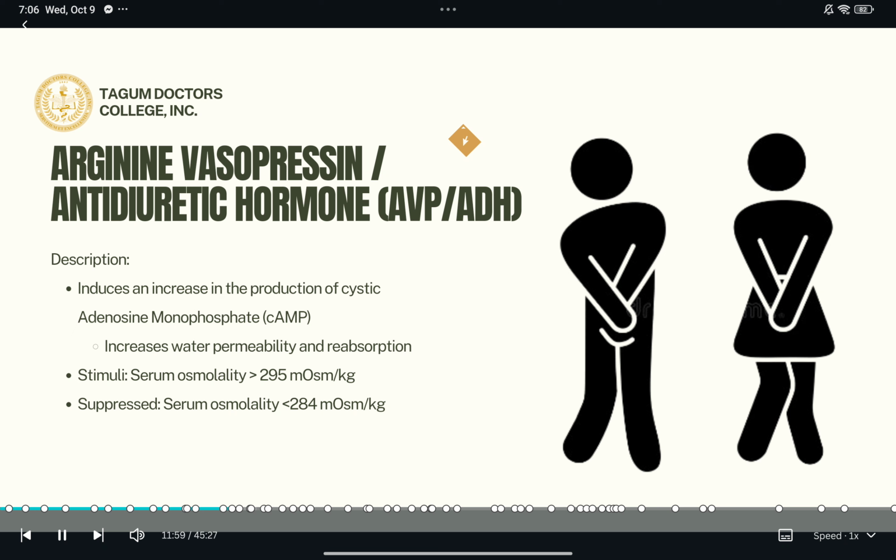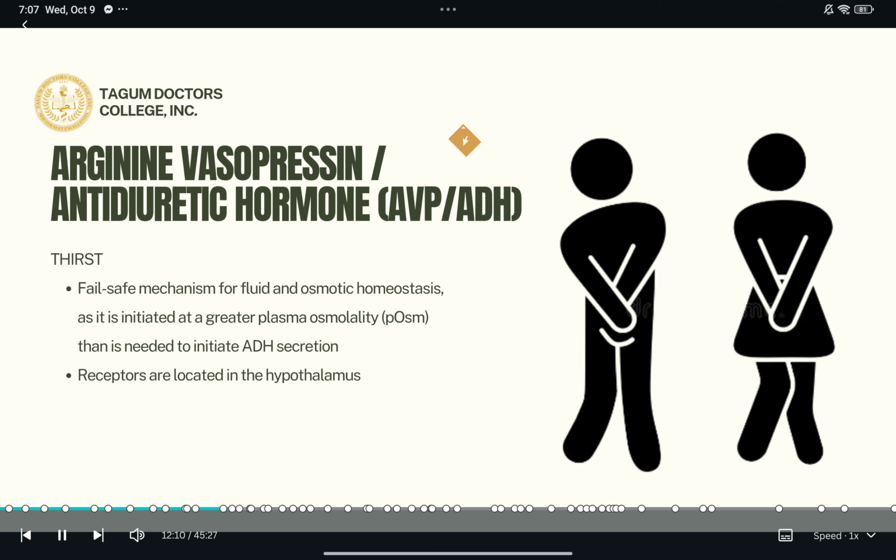The stimulus for it would be a serum osmolality of more than 295 milliosmoles per kilogram, and it is suppressed when serum osmolality is lower. Okay. The fail-safe mechanism for fluid and osmotic homeostasis would be thirst, as it is initiated at a greater plasma osmolality than is needed to initiate ADH secretion, and the receptors are located in the hypothalamus. So what ADH usually does is the reabsorption of water.